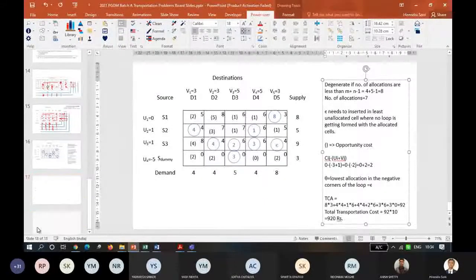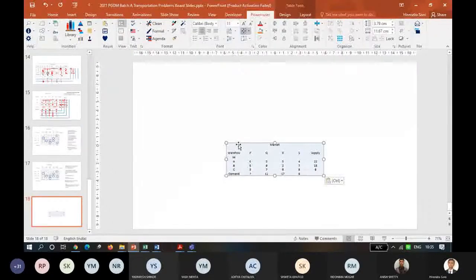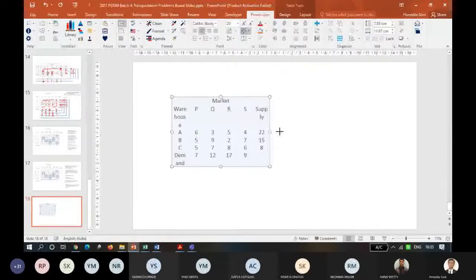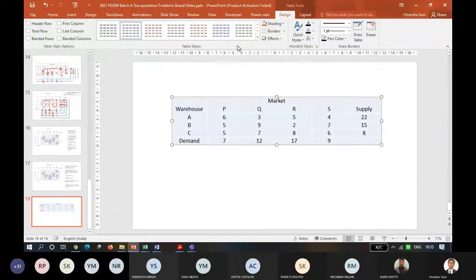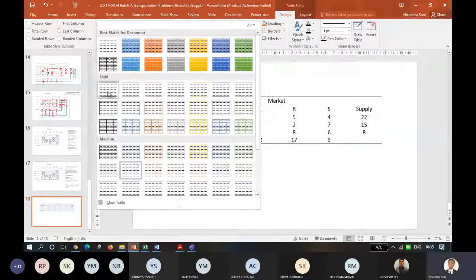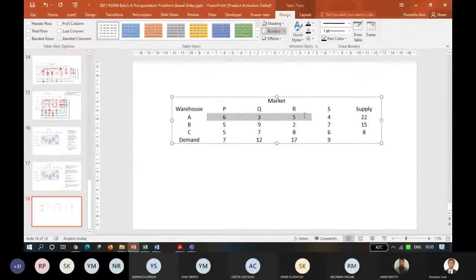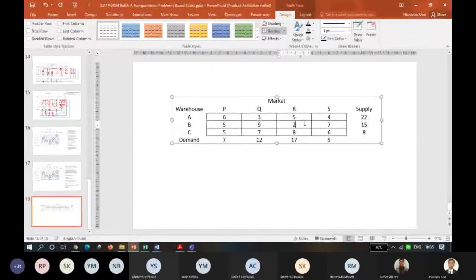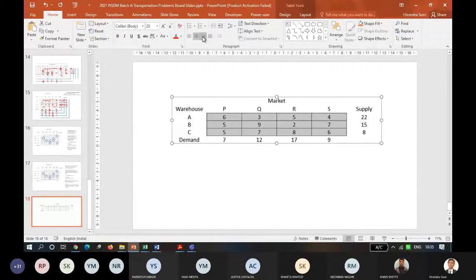ठीक है. All this would be right aligned.